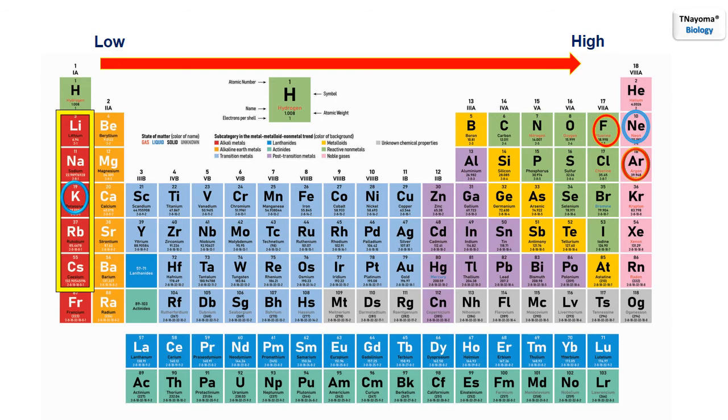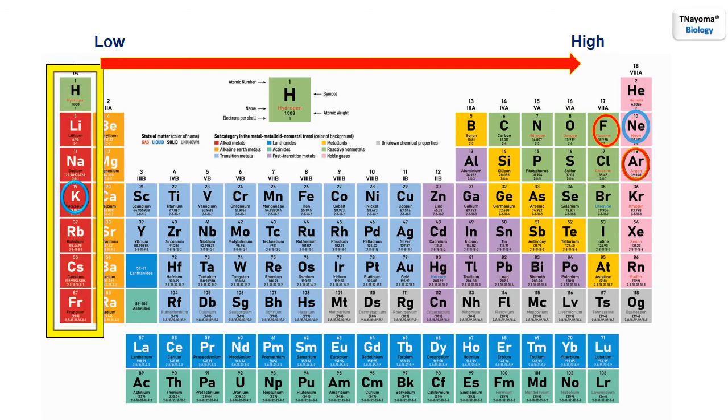Now let's see what is happening down the group. As usual, let's consider the alkali metals, as they are ready to give away electrons. But when you go down, the electron cloud gets bigger and bigger. If we consider cesium and lithium, the neutral cesium atom has 55 electrons.